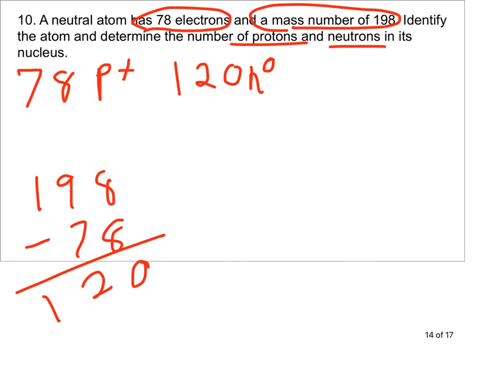And 78 electrons, 78 protons means it's element number 78. It also said to identify it. So element number 78 is, looking at our periodic table, Pt, which is platinum.